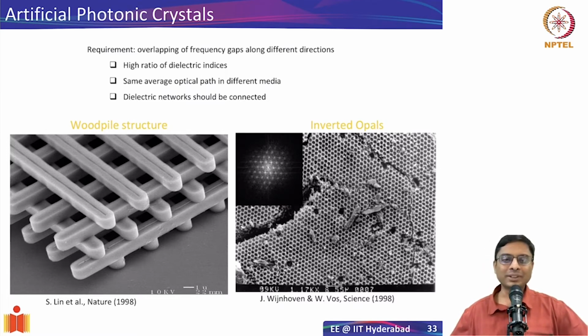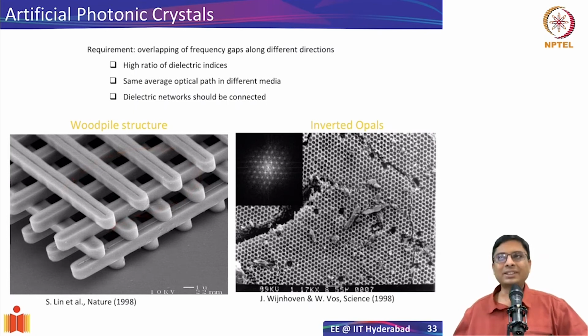But one of the more convenient ways of doing it, I think this was near IR, if I'm not mistaken, was the famous woodpile structure, wherein you had silicon strips arranged such that every alternating layer had a perpendicular orientation of the strips, and every 2 layers, I think, were displaced by half a period. And then they made a photonic crystal out of it.